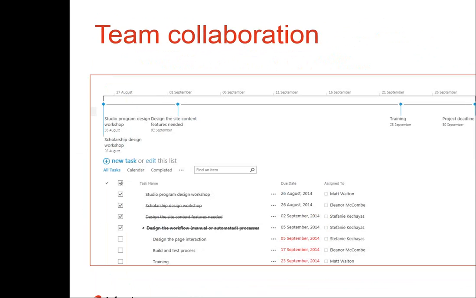Here, for example, there's a column for tick off, a column for task name, a column for due date and assigned to, and probably in the back end there are more columns, but that's only what's being shown here. Think of it as a fancy Excel spreadsheet that can do certain things because it's a web-based platform.